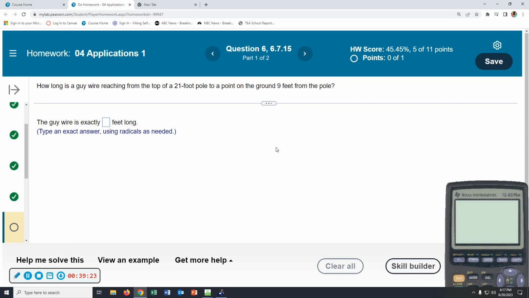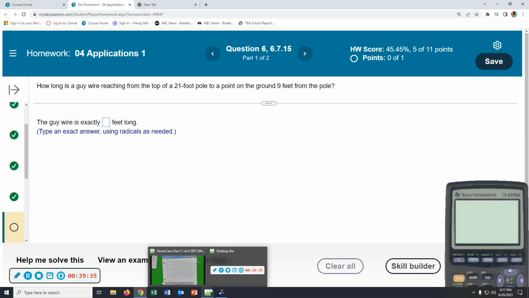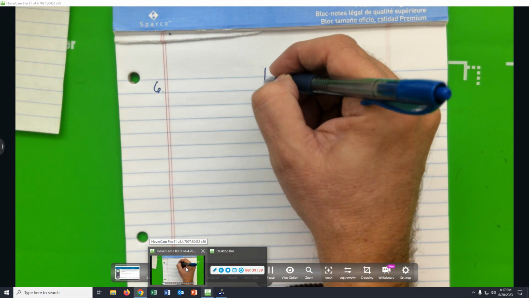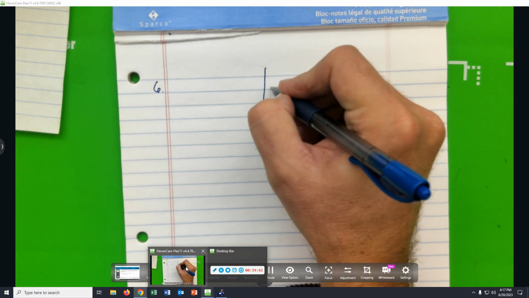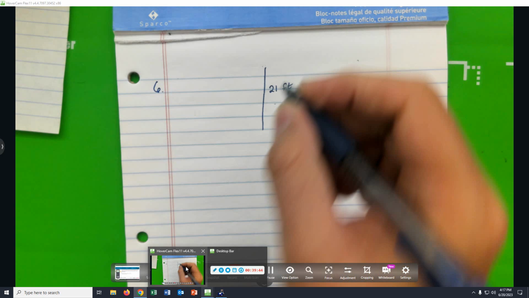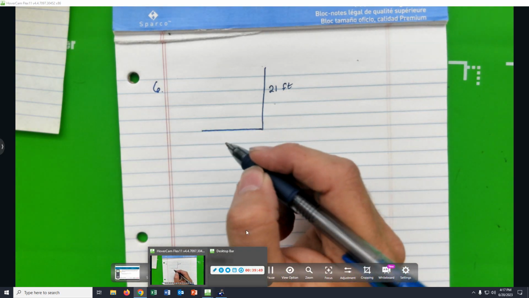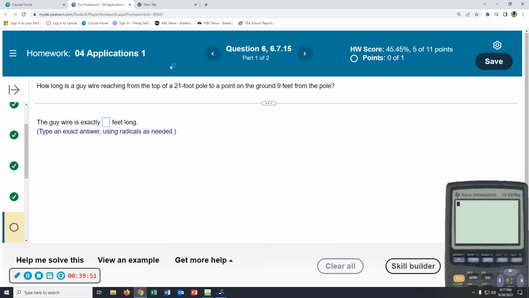So can y'all sort of picture a right triangle here? There's a pole that's 21 feet long. So we have a pole, 21 feet. And this pole has a guy wire there.